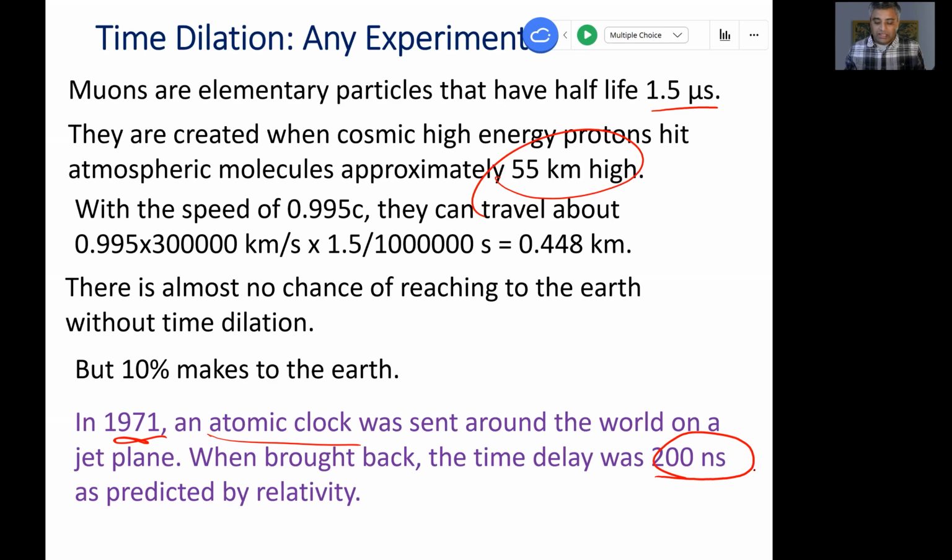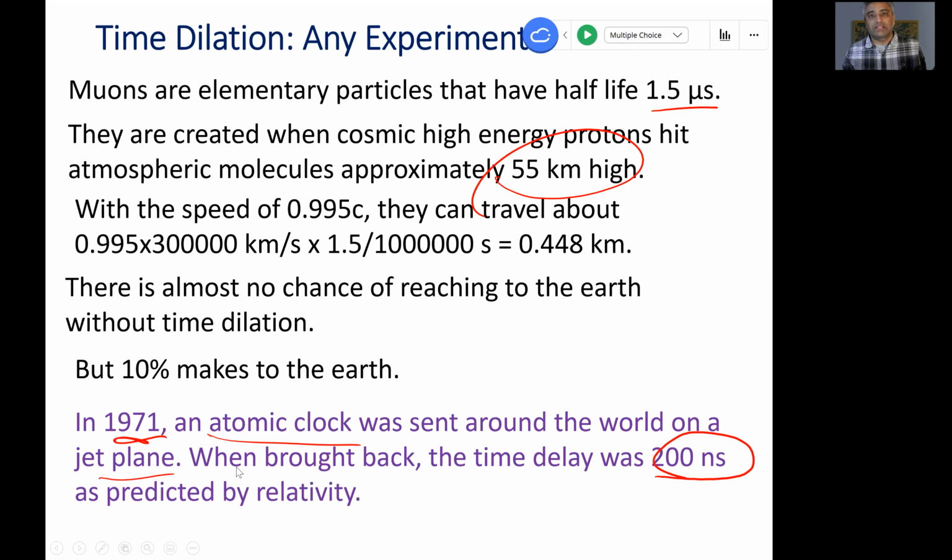So this plane must have flown faster than 600 meters per second. We did the calculation. I think it was some sort of supersonic jet. Anyway, these are the direct proof.